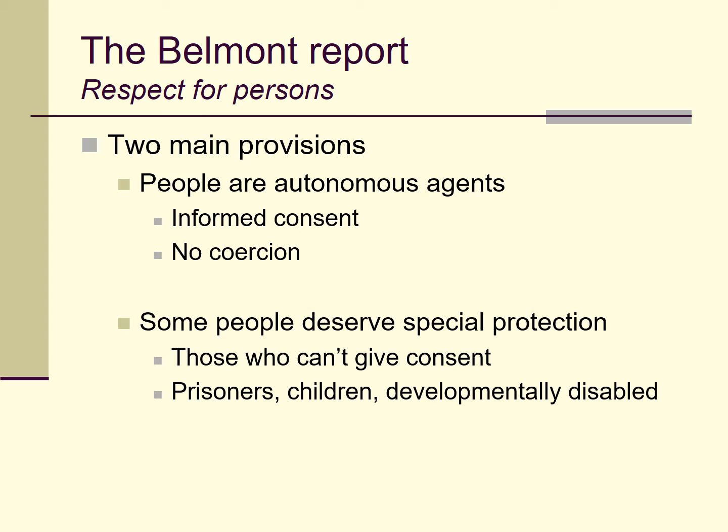A related idea, or a second main provision from our first principle, respect for persons, is that some people deserve special protection. Those people who can't give consent, who can't give the type of informed consent that we generally look for from participants, are people like prisoners or children or the developmentally disabled or elderly who are impaired cognitively.